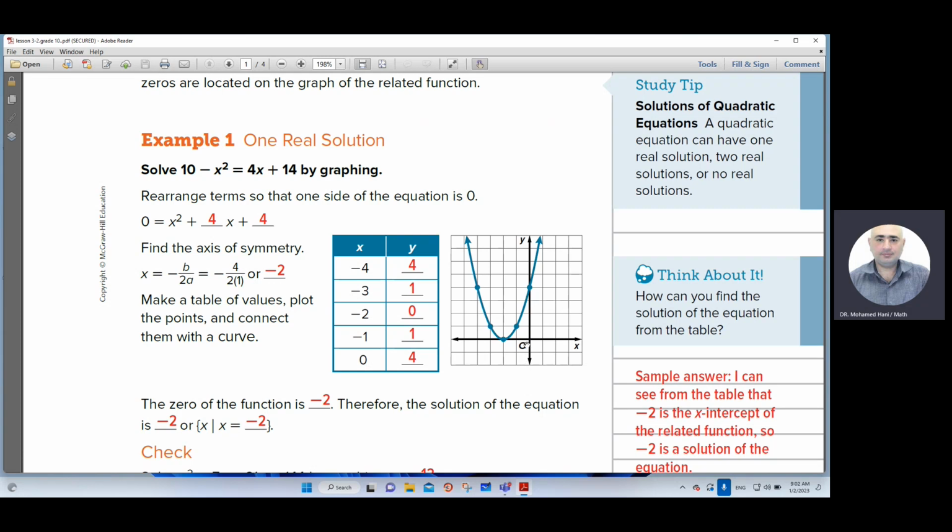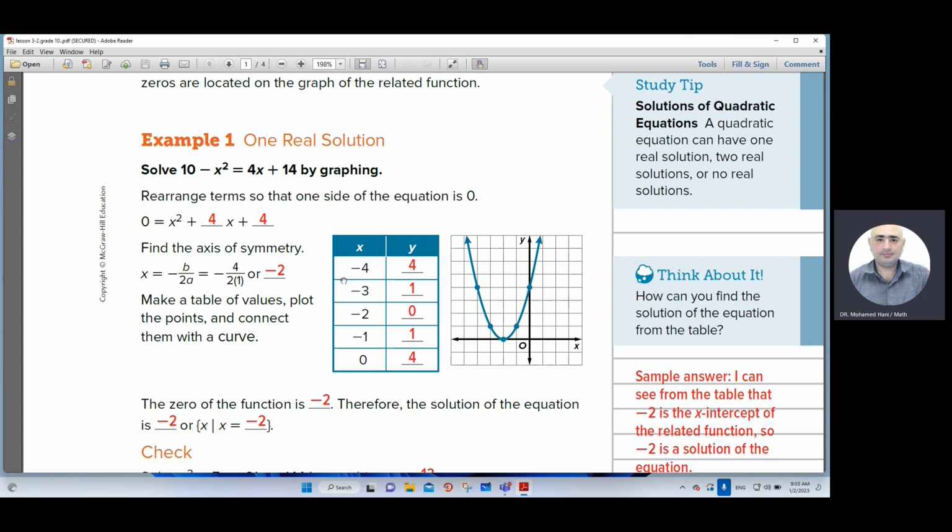As you see here, this is negative 1, negative 2. The line of symmetry will be here. Then we want to make the table to know the points to graph the curve. So create a table, the first field for x and the second field for y, and you can choose randomly any values for x, then substitute in the equation to find the values of y.